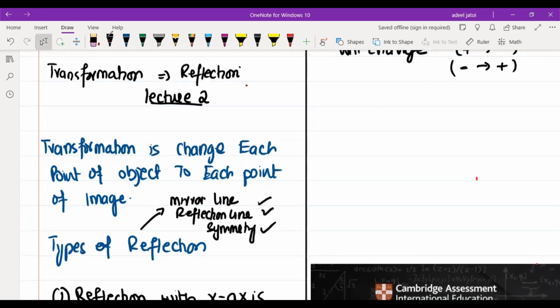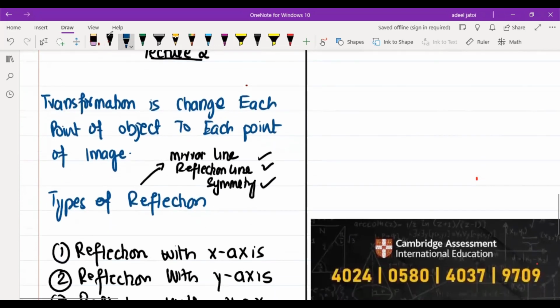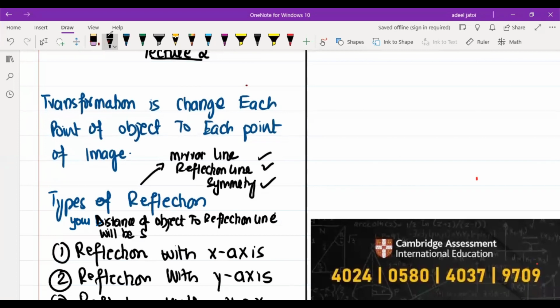When we talk about mirror line, reflection line, and symmetrical line, what is more important is your distance. Your distance of object to reflection line will be same as image to reflection line.